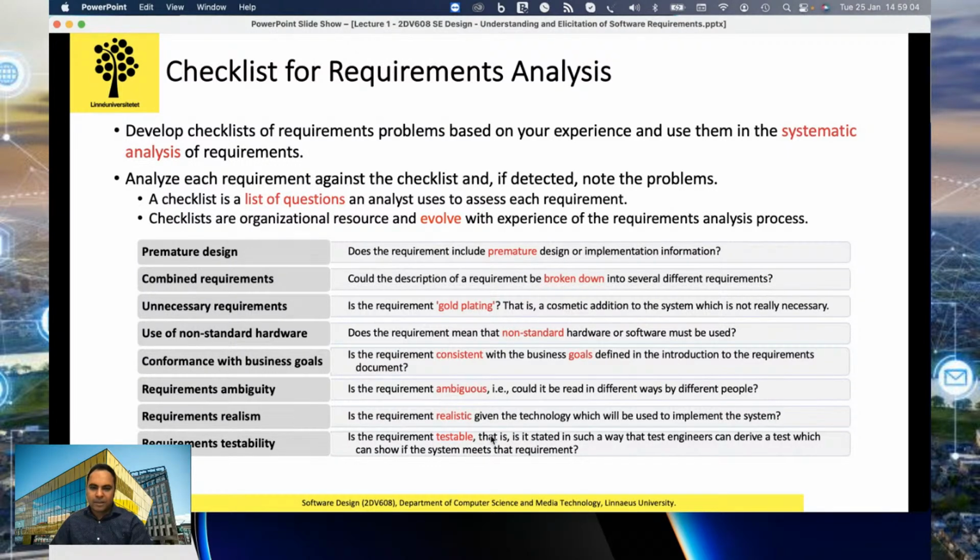That means if you found that your requirement is testable, you put a tick mark on that cell, and then if you don't find that your requirement is testable, you should take a note after the table or after the matrix and say why your requirement is not testable and what you can do or how you can revise your requirement to make it testable. Could I make it clear how you can use this checklist for requirements analysis?